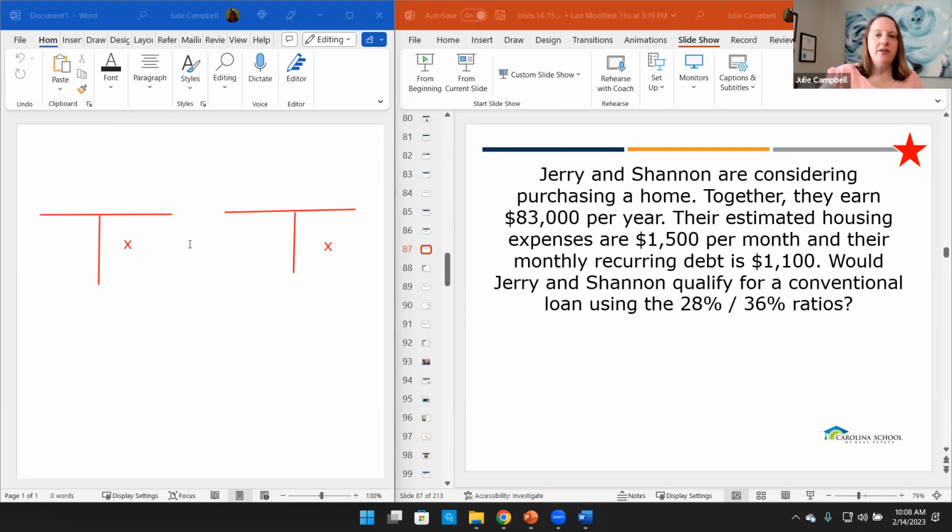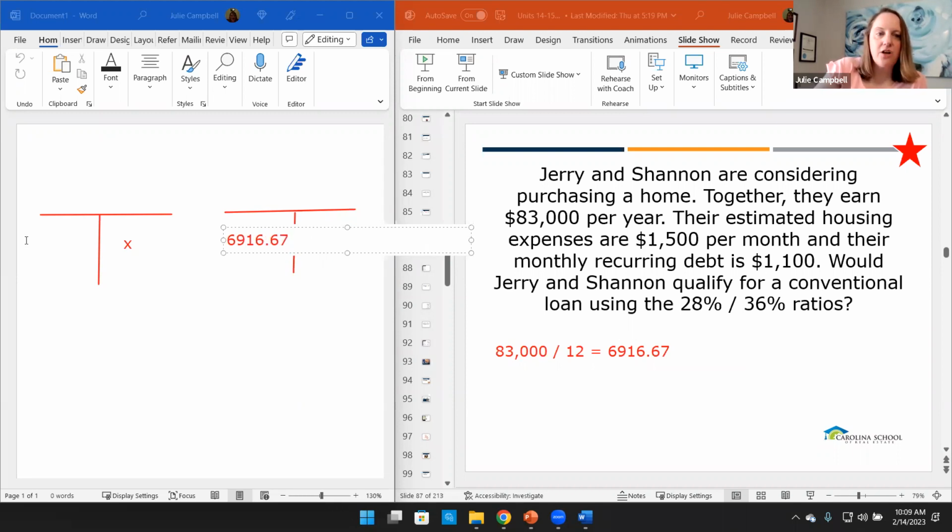So we know that Jerry and Shannon's annual income is $83,000 per year. But remember, these problems solve in monthly. So the first thing we need to do is take our $83,000 annual income, divide it by 12 to get their monthly income. So how much do they bring in a month?